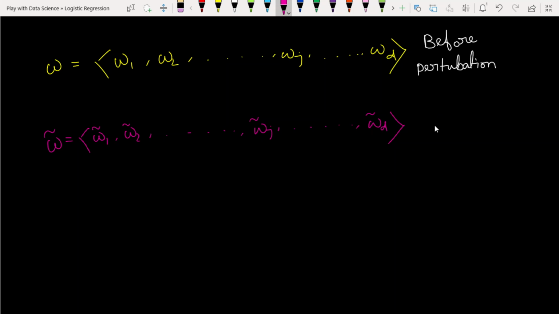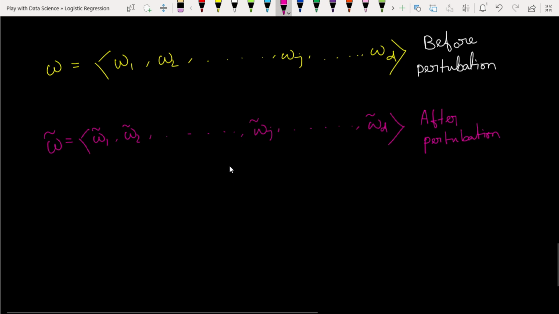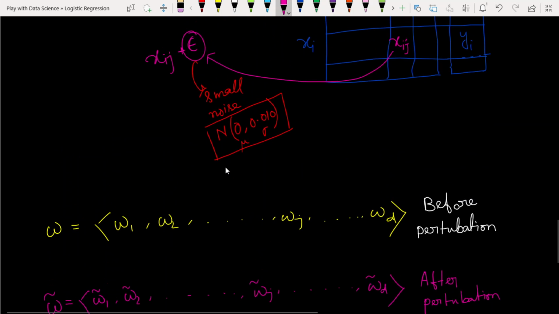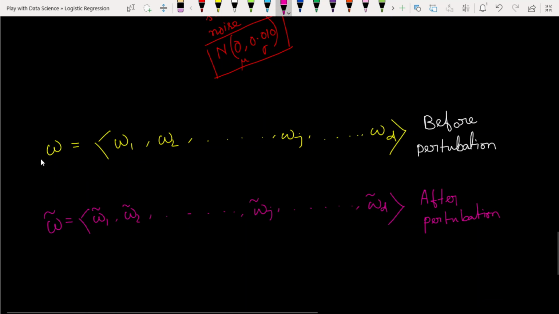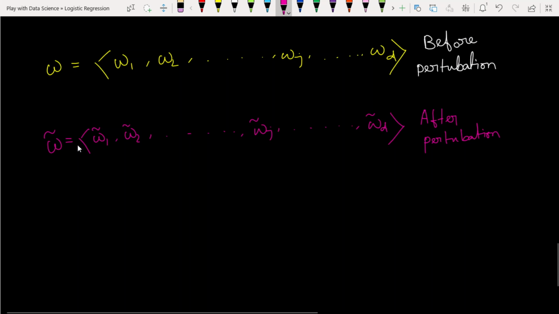This one is for after perturbation. So before perturbation we find this w, and after perturbation we find this w tilde.